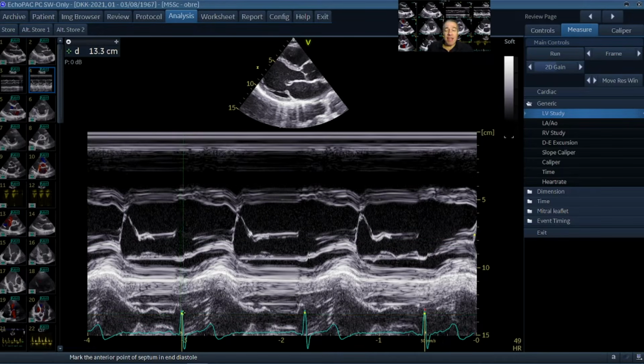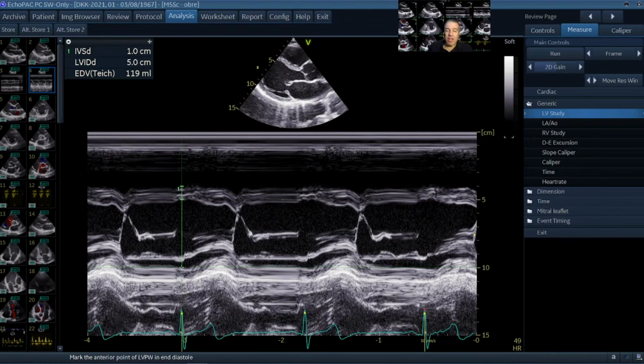And diastole again is marked by the QRS, so the maximum QRS, or a little bit before. So if I would do that here, actually I would end up doing the measurement here, that's the thickness of the septum. Then I go to the posterior wall.